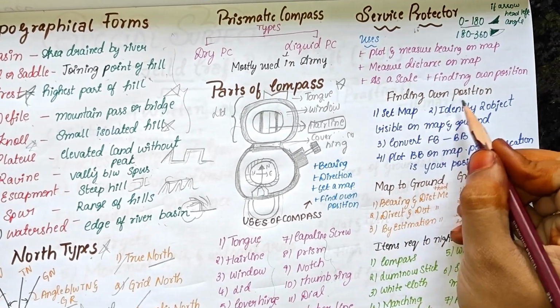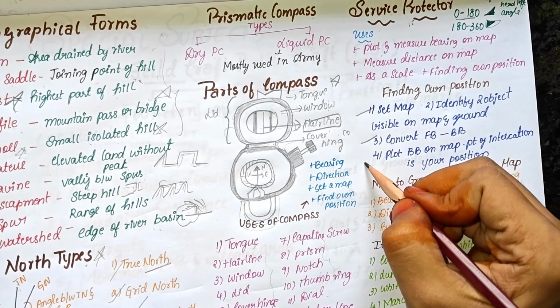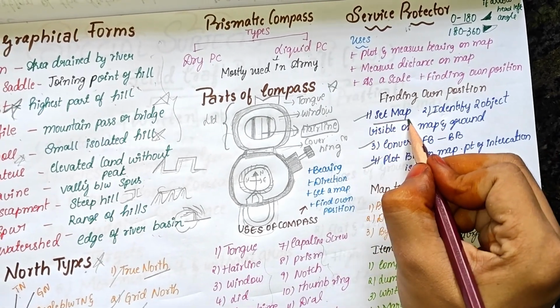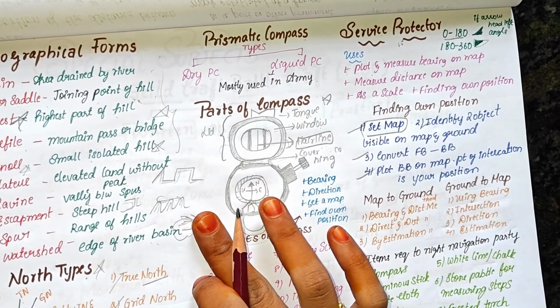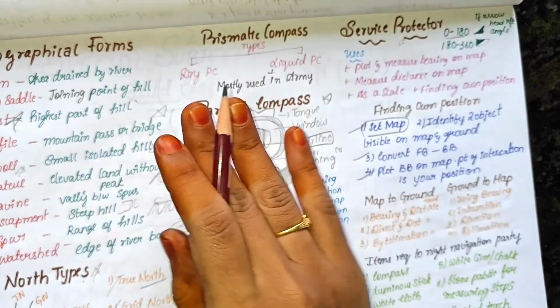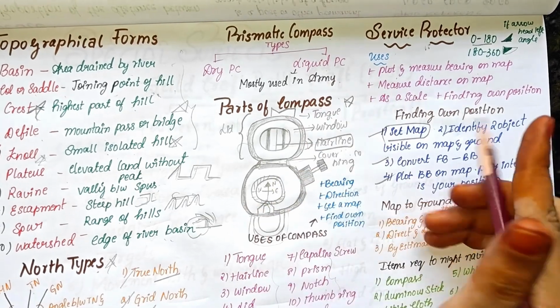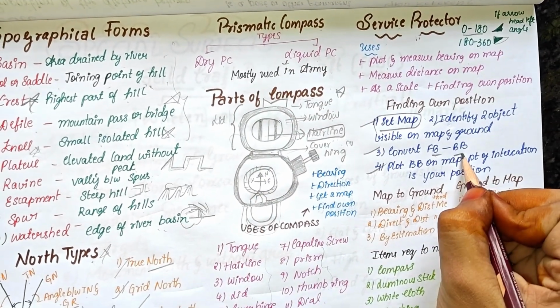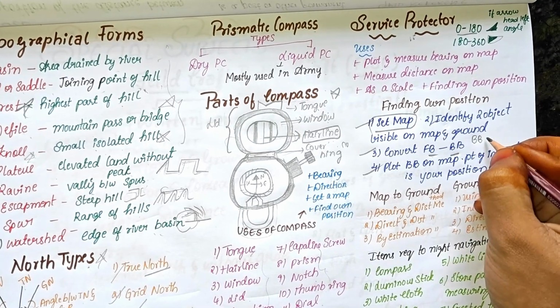So to find your own position, you have to know four points mostly. That is, first of all, you have to set the map and identify two objects, that is, ones visible on the map and on the ground. After identifying, you have to convert the forward bearing to the back bearing. I have already told you how to convert the back bearing to forward bearing.